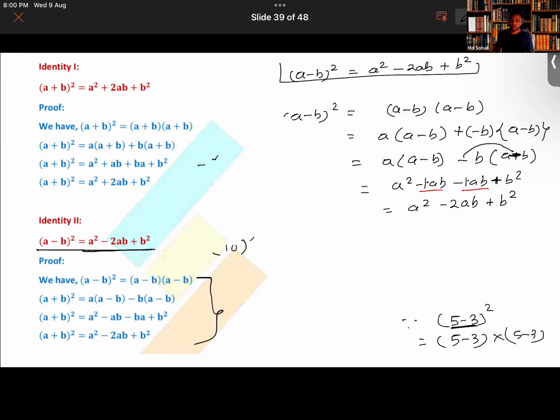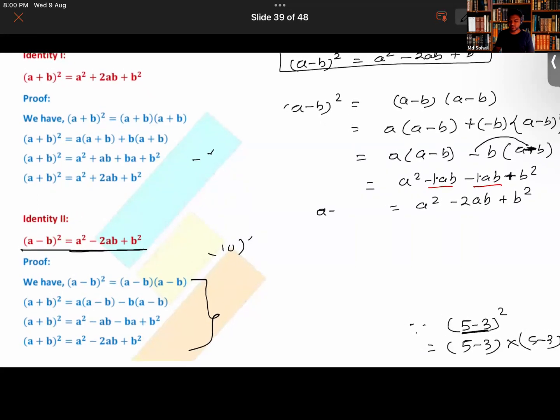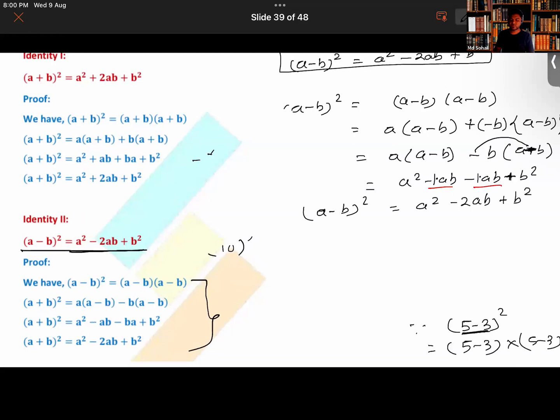In the same manner, we can put some examples here for A and B. We can take different values, and still we will see that both values are the same. For example, let's take A to be 4 and B to be 3. So 4 minus 3 whole square. Getting it, guys?